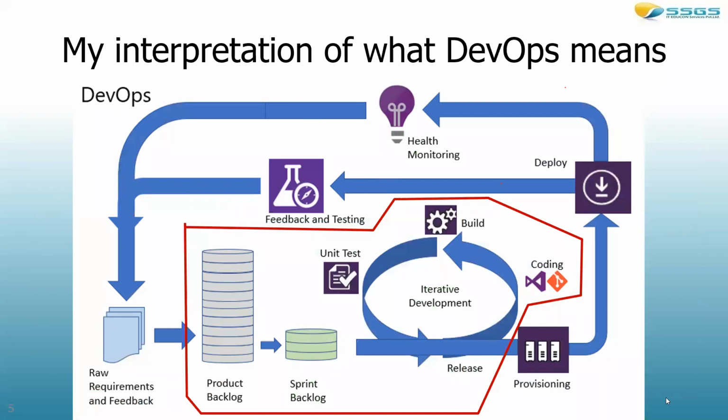There are frameworks like Scrum, Extreme Programming and Crystal, which have supported agile development for quite some time. There have been version controls like Git, SVN and Team Foundation Server, and the build software, and all these things are present, whatever is in the red.